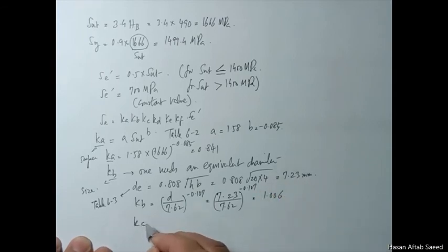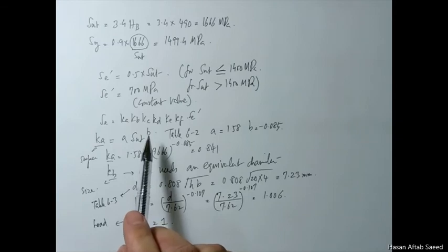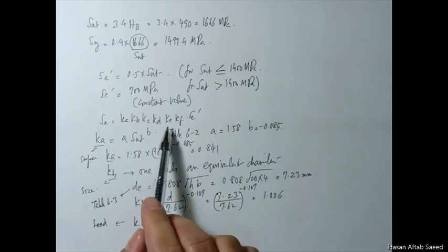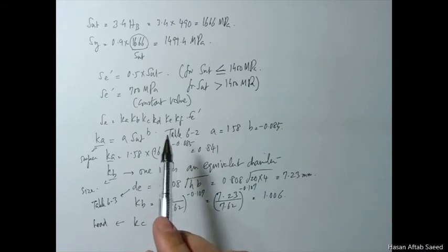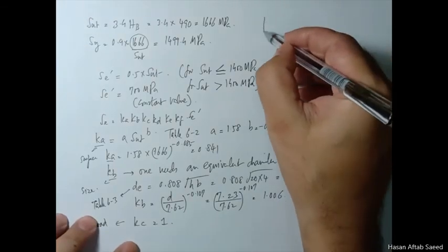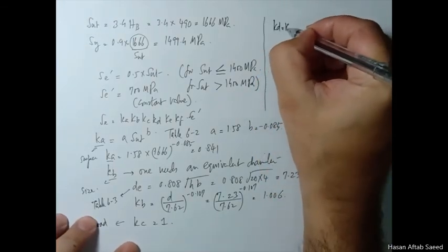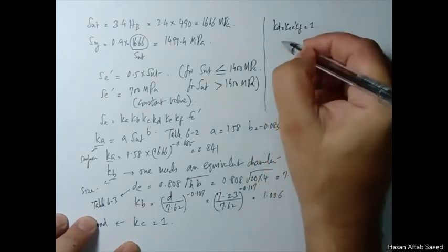Now KC, load factor, this is bending, so this is 1, nothing to worry about. And as far as KD, temperature, there is no mention of any temperature, no reliability discussion, no miscellaneous things. So we are justified in taking KD, KE, KF equal to 1, because the question tells us nothing about that.